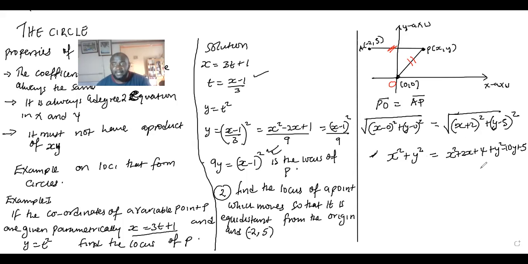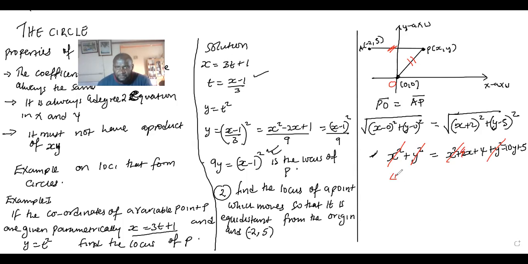If this was a circle, then we would not have lost the x squared and the y squared. But because the x squared and the y squared are the same on both sides, we lose them, so it is not the locus of a circle. So what does it become? Oh, this was supposed to be 4x.